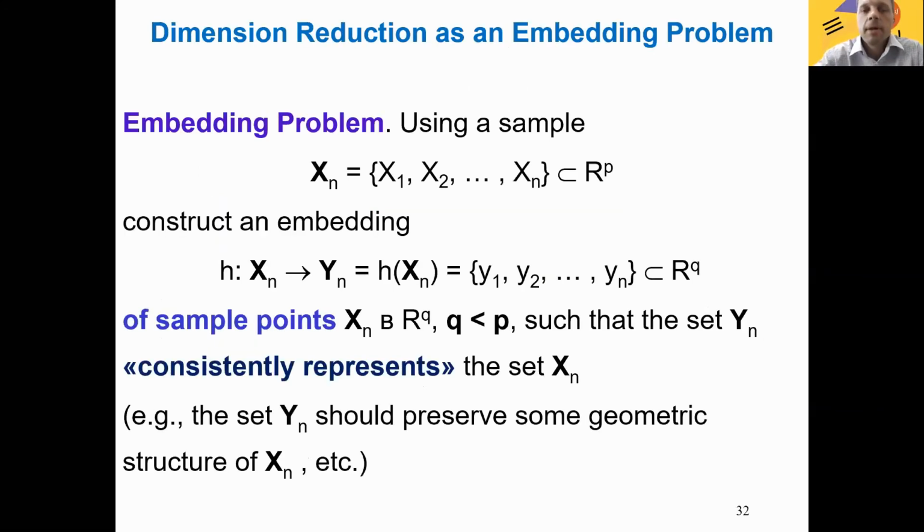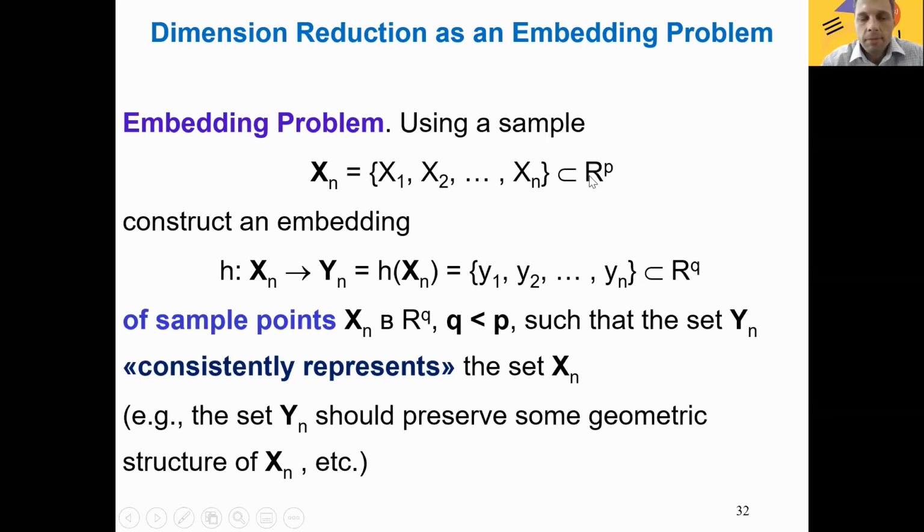The first, I would say, standard dimensionality reduction problem statement, also called the embedding problem, can be described as follows. We have a sample with n points.